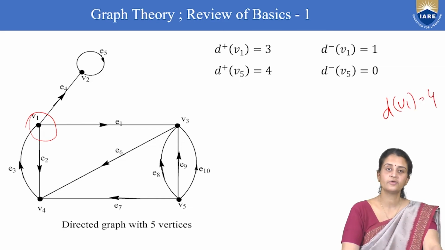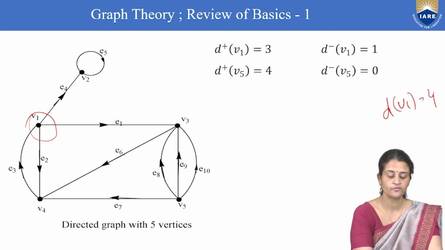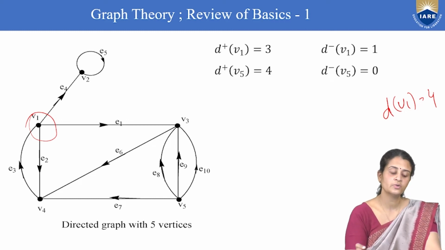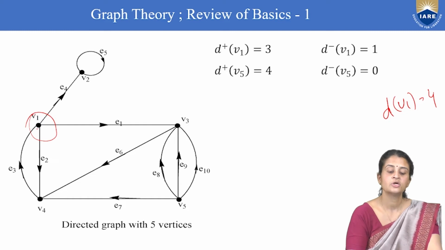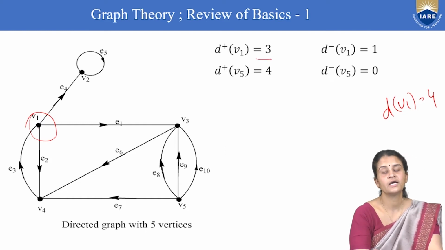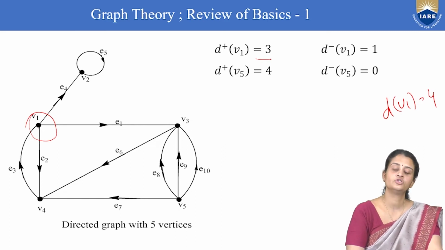But now here we have given directions. Of the 4 edges incident on V1, 3 are emerging out of V1. So V1 is the initial point of 3 edges and the terminal point of one edge. So we get the out degree of V1 to be 3 and the in degree of V1 to be 1.